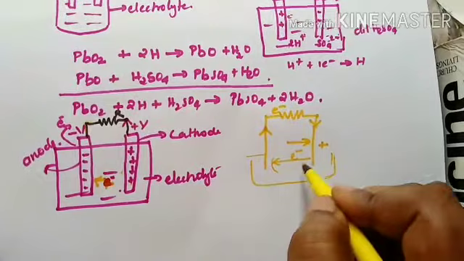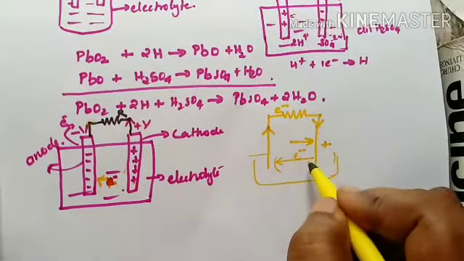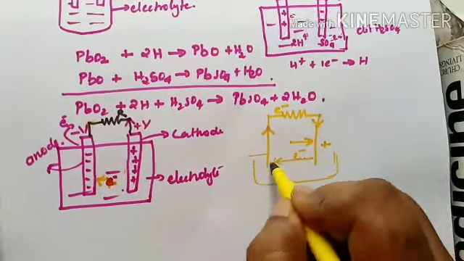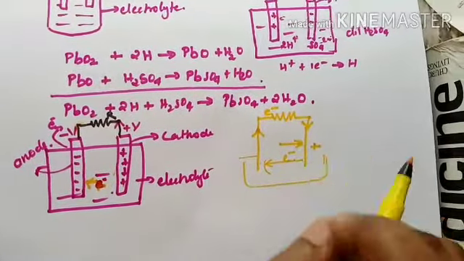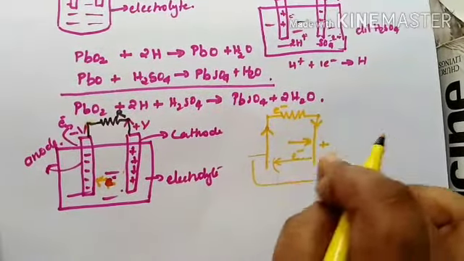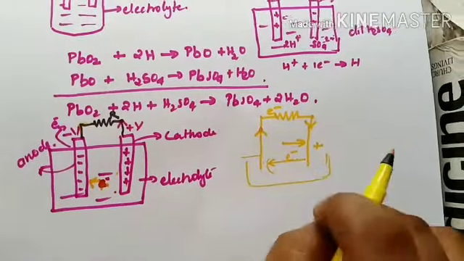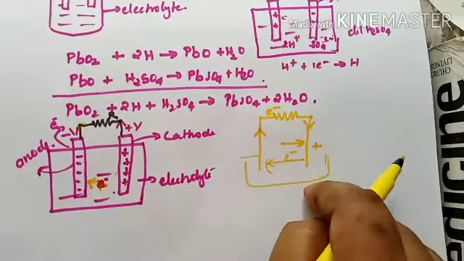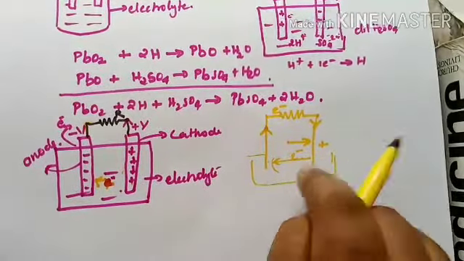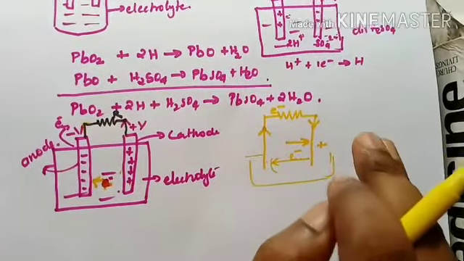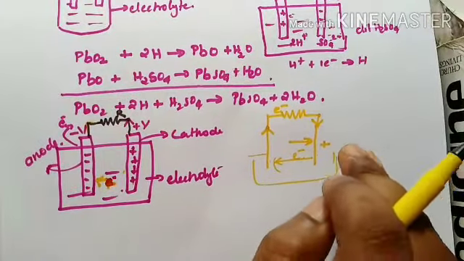But we want the electron to move from positive to negative, which is against the electrostatic nature. That much energy is provided by the electrolyte. This energy forces the electron to move from cathode to anode. That means this force is a non-electrostatic force.